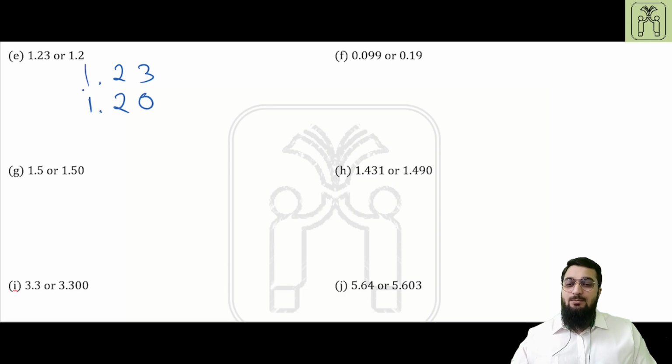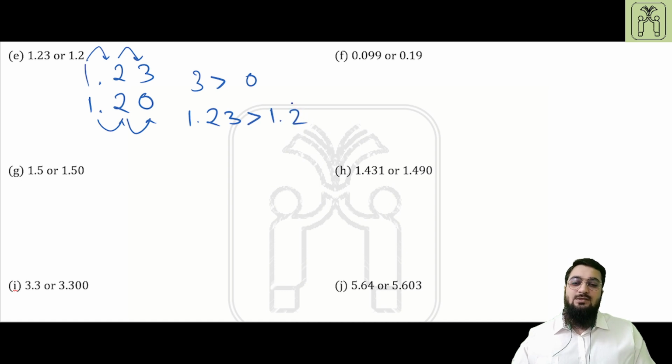So we'll start comparing. The left side has the same number of digits and the value is also the same. Jumping to the next, here also the value is the same. Jumping to the next subsequent digit on the right, the value is different, therefore 3 is greater than 0, and the answer is 1.23 is greater than 1.2.